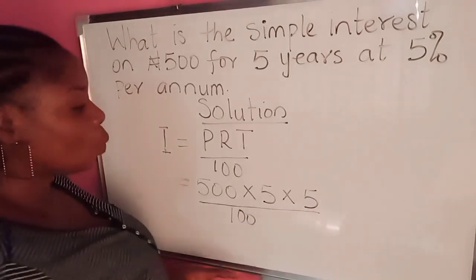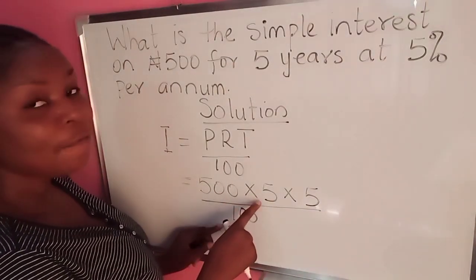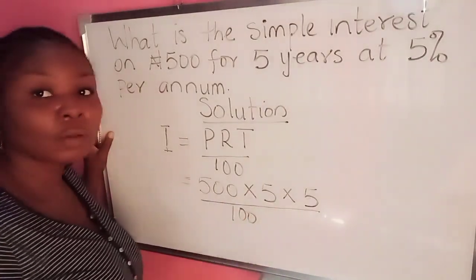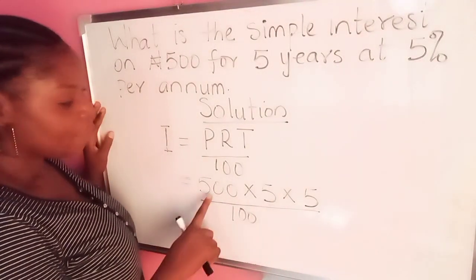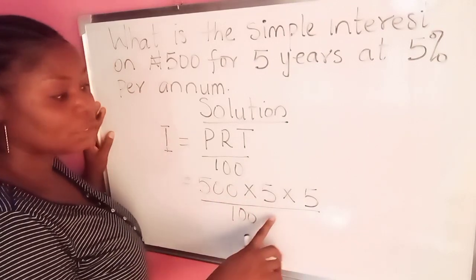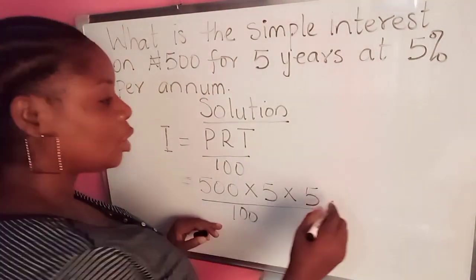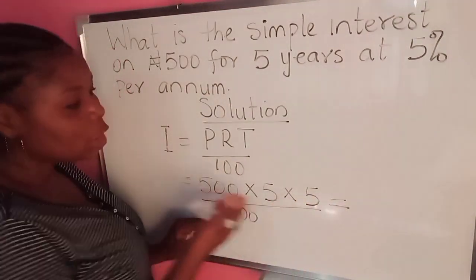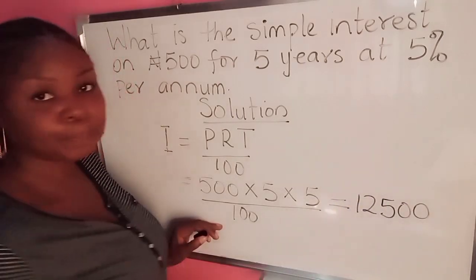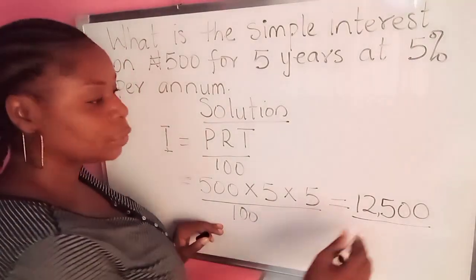Okay, so we go ahead to multiply 500 times 5. 500 times 5 will give us 2,500, and 2,500 times 5 will give us 12,500. So the numerator will give 12,500, still all over this 100.